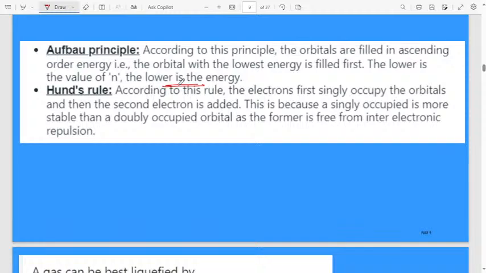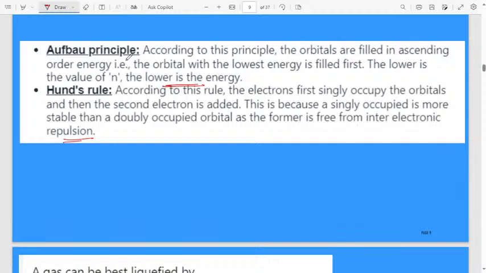Next one, Hund's rule. According to this rule, the electron first occupies a singly occupied orbital, then the second electron is added. This is because a singly occupied orbital is more stable than a doubly occupied orbital, as the former is free from interelectronic repulsion. The Aufbau principle is telling us that the orbital having less energy is filled first.